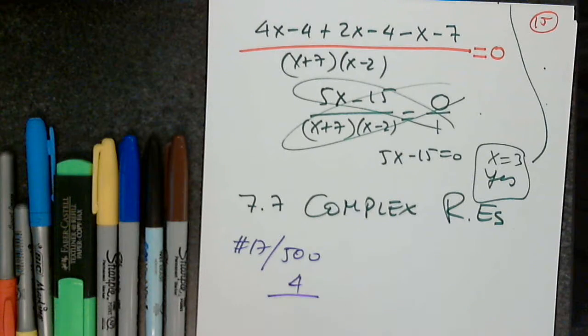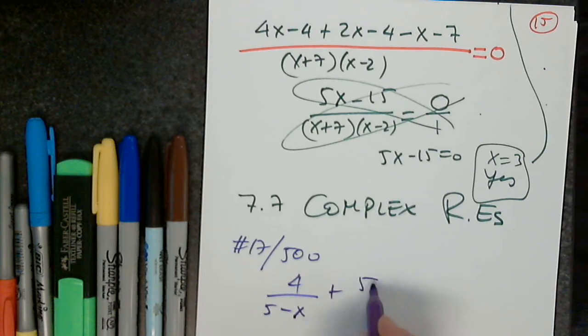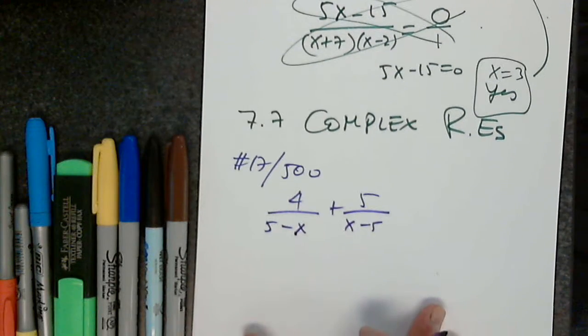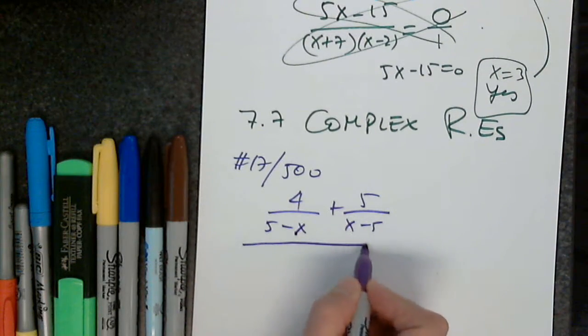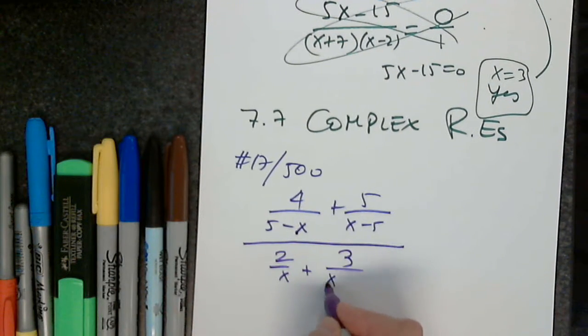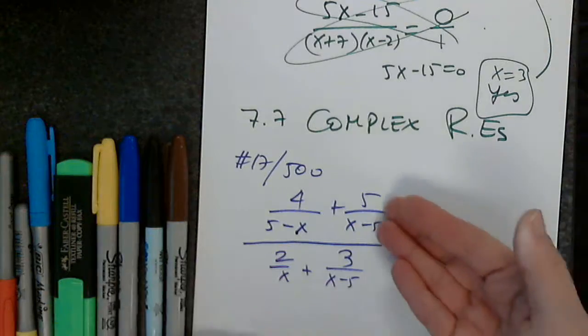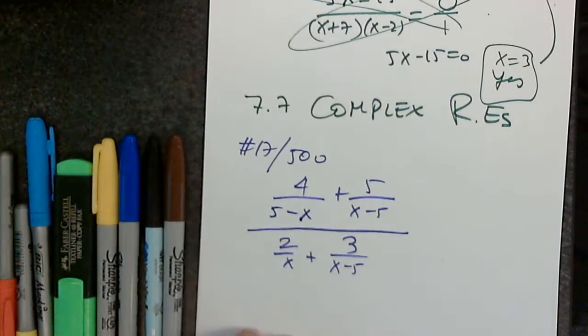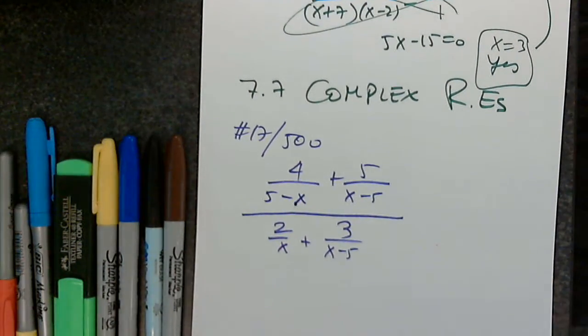So 4 divided by 5 minus x plus 5 over x minus 5, everything divided by 2 over x plus 3 over x minus 5. Yes, this is supposed to be difficult because I have operations with fractions at the top. I have operations with fractions in the denominator. And also I have to divide the answers. But it's not difficult because we understood 7.4.